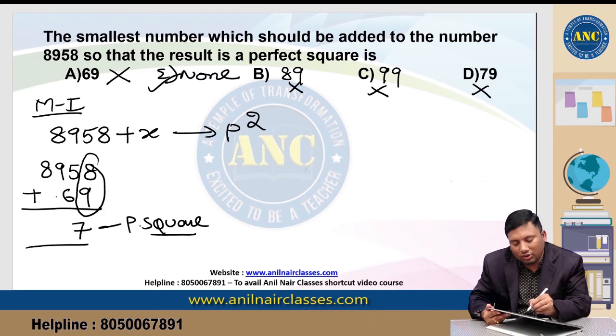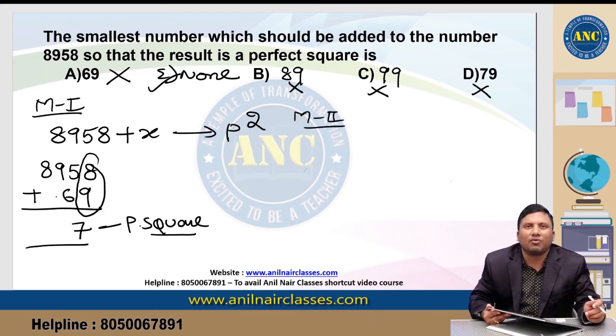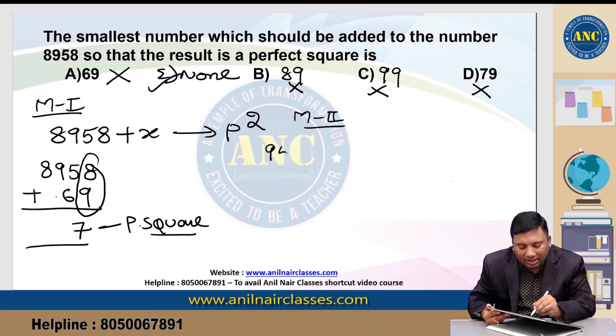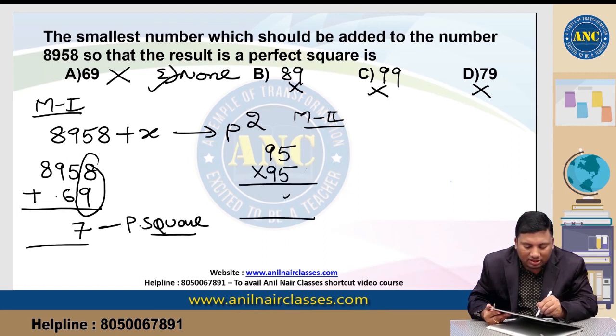Suppose, let us see what the number should be. 8,900-something. What is the perfect square closest to 8958? Suppose it is 95 into 95. 5 5s are 25, add 1, 10 9s are 90.